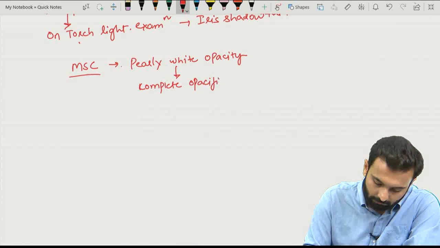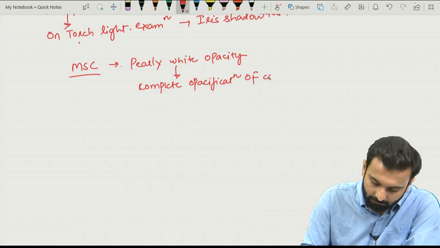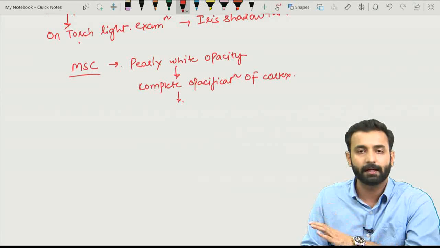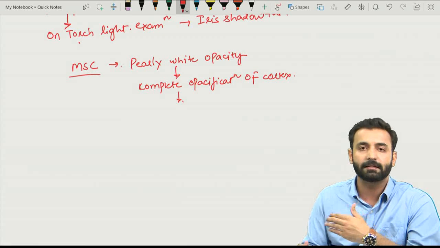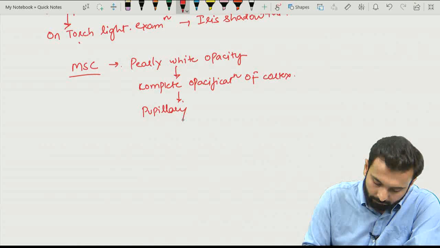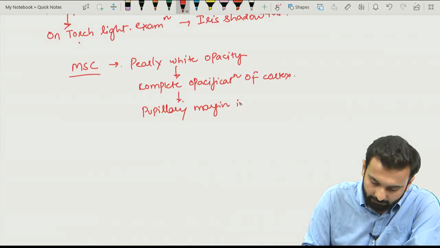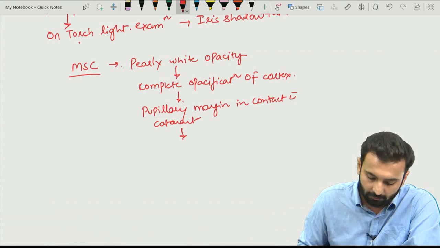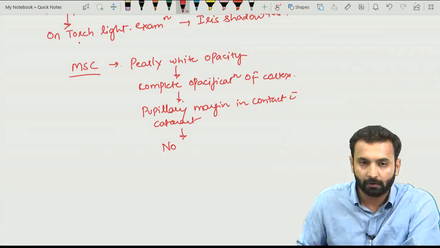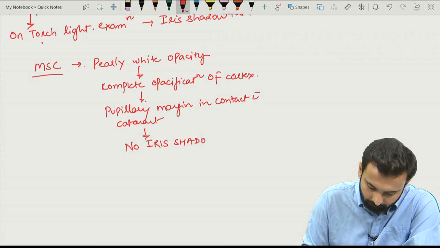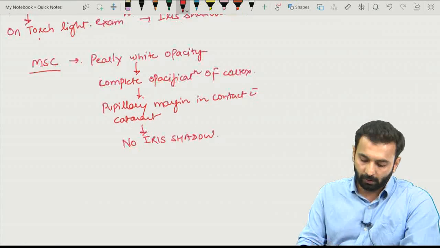Now because there is a completely opacified cortex, the pupillary margin lies in direct contact with the cataract. So on torchlight examination, there is no iris shadow, right?